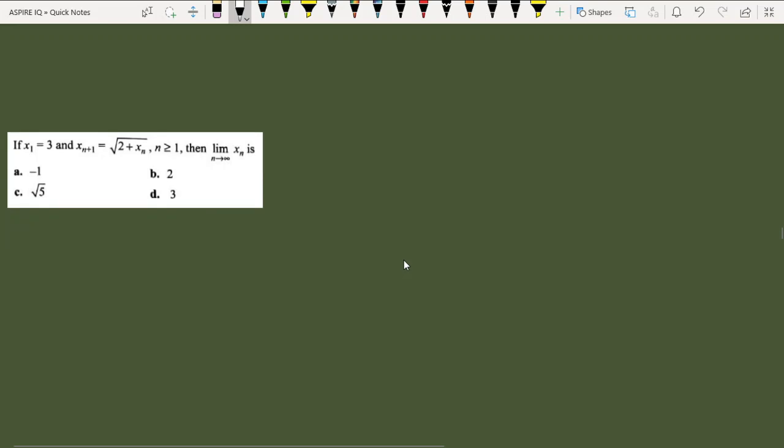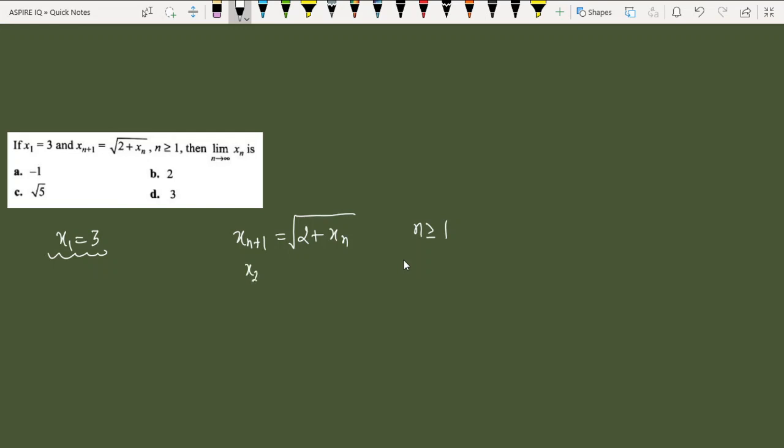This question is a very tricky one. If x1 is 3, and x(n+1) equals root of 2 plus xn, this expression is given and n is greater than 1, find the limit as n tends to infinity. Let's just simply find out the expression for xn.